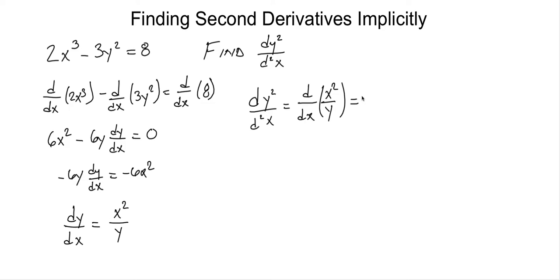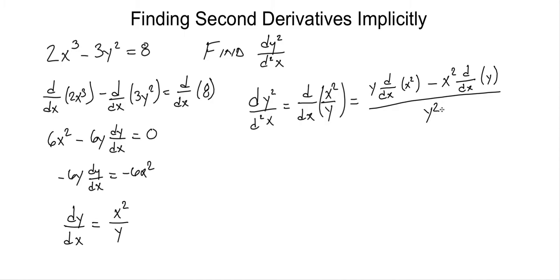So we use low d high minus high d low over low low. So we have y times the derivative with respect to x of x squared minus x squared times the derivative with respect to x of y. And the whole thing is over y squared.